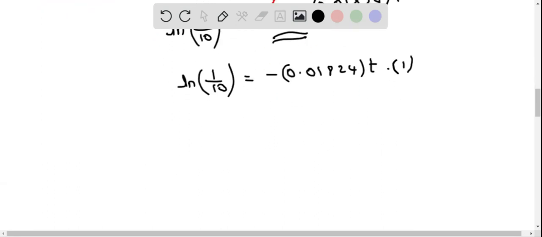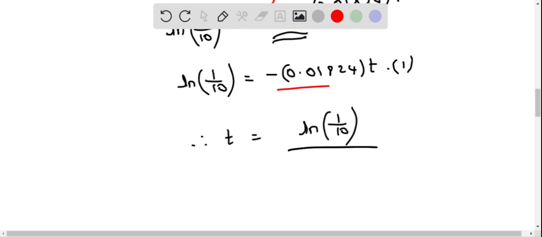So this is an equation which we can solve for t. We say that t equals natural logarithm of 1/10 divided by negative 0.01824.